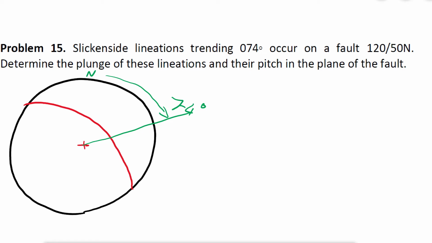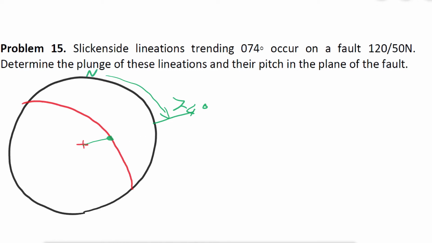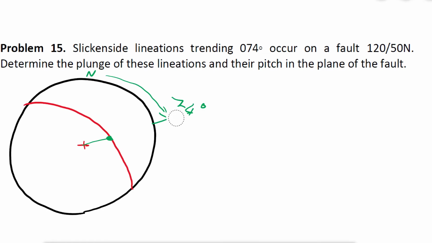And the intersection of these two, we can highlight this point, and rather than drawing that, you can just put a sign on 74 and highlight this intersection, because this intersection is important for us.